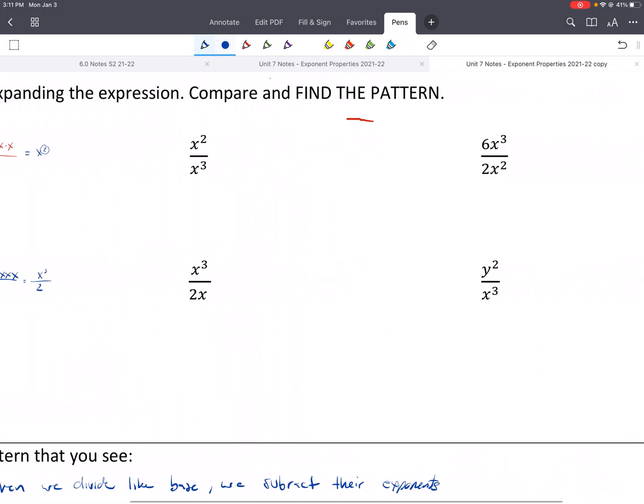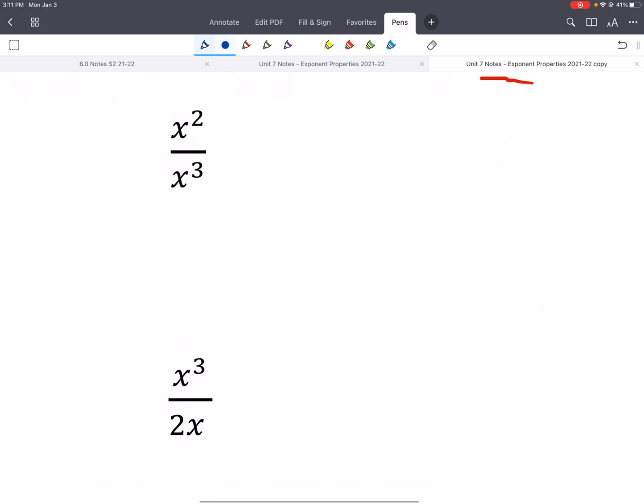We could expand more here, but let's look at this a little differently. The best way I think to remember is we're going to keep the larger exponent. So like in this example, we'll start with the 3, and we're going to subtract 2, okay, because we have 2.